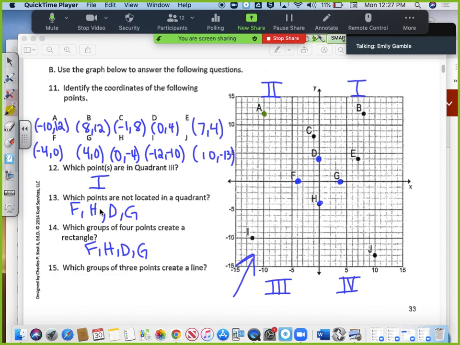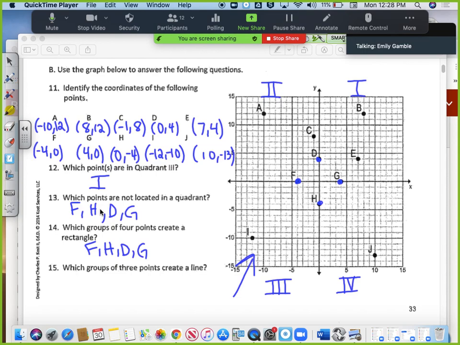Yeah, so A, C, and E. Let me just verify that. 1, 2, 3, 4. 1, 2, 3, 4, 5, 6, 7, 8, 9. 1, 2, 3, 4, 5. Actually off by 1 little point. It's so close. A, C, and E are so close, but it's off by 1 little point.